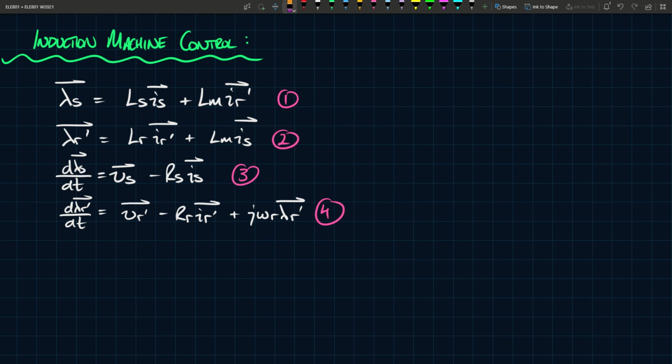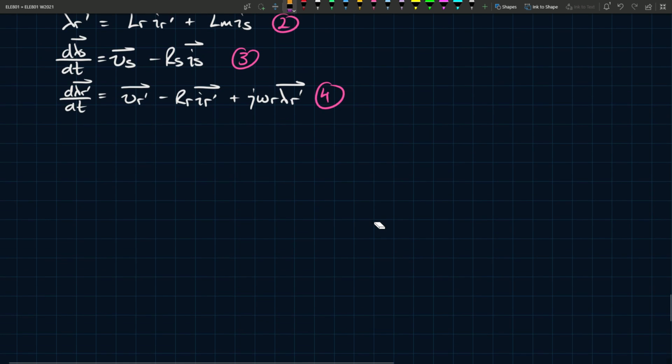Now in control theory, the way we circumvent these issues is we usually introduce some new fictitious variable and define it, and then we manipulate that new variable in order to decouple the entire control. So we're going to do exactly that here as well. So what are we going to introduce? Let's introduce a current called IMR, and this is going to be a vector as well.